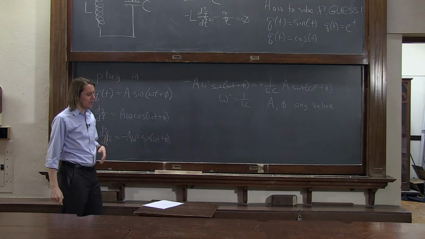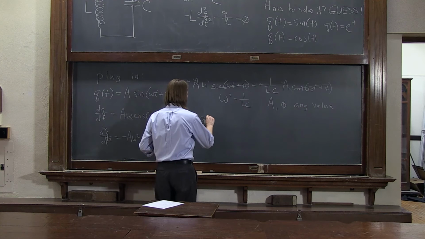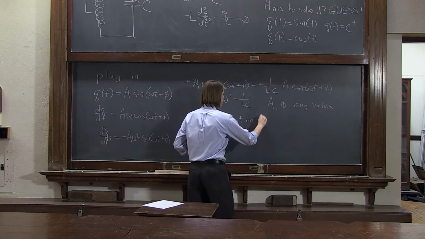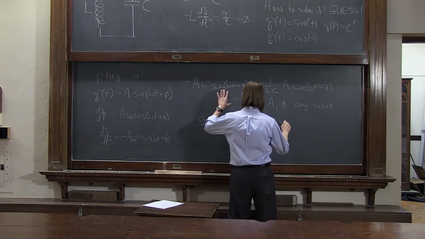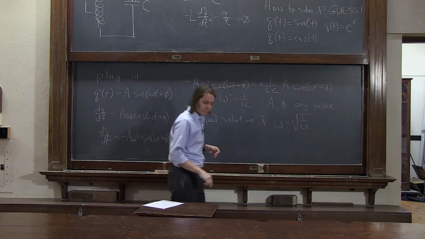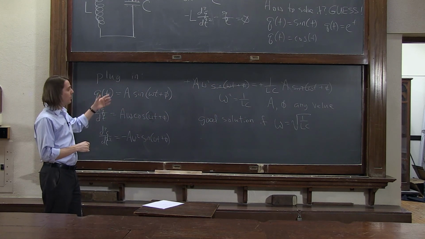The equation only cares about what omega is. So good solution if omega is the square root of 1 over LC. All right, so that works. Let's try another one.